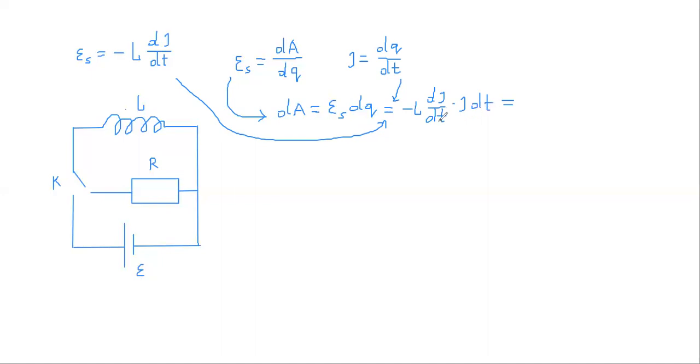The differential of time vanishes, and we have that this is equal to minus L I dI.